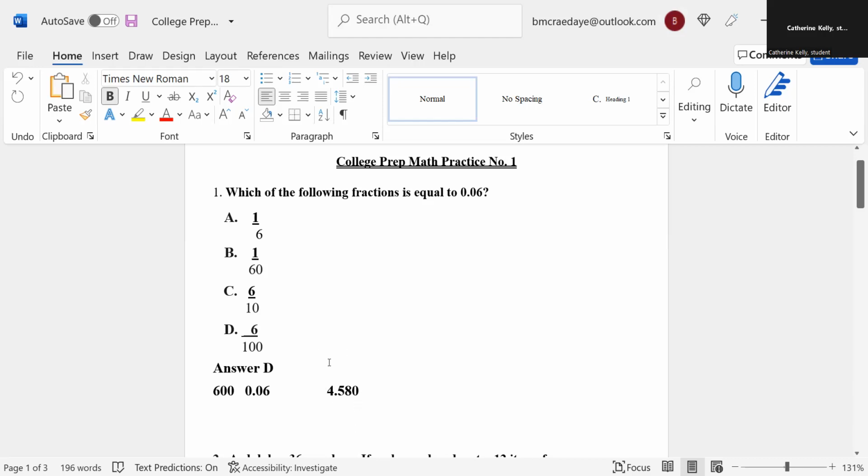And now say the decimal part. You said the 4. 4 is the ones. That's 4 ones. So just say 4 and now say the decimal. 4 and 580.